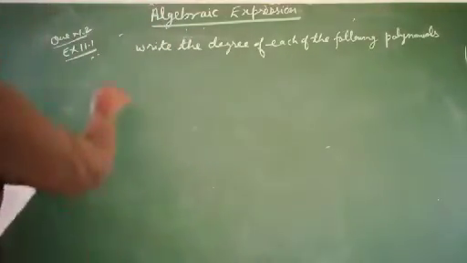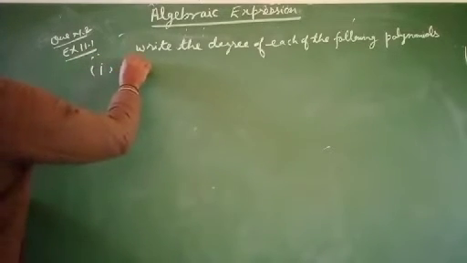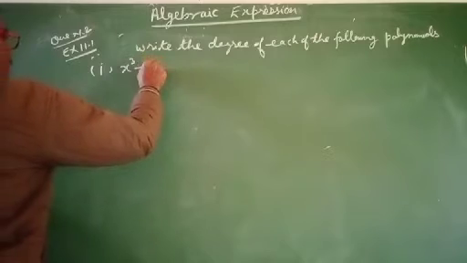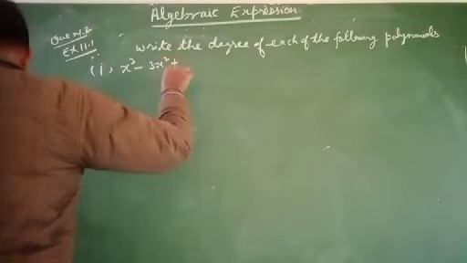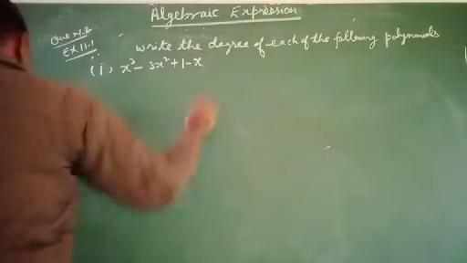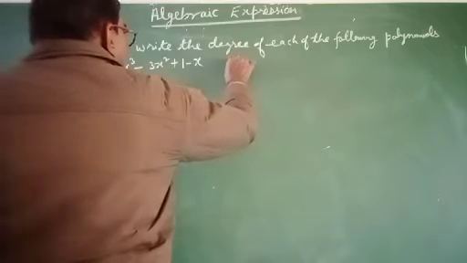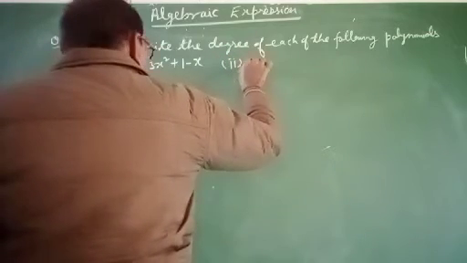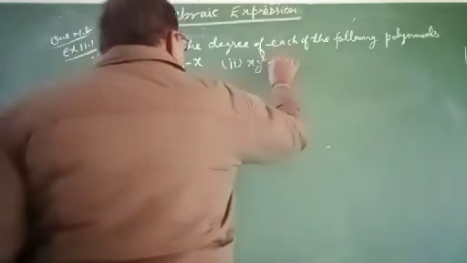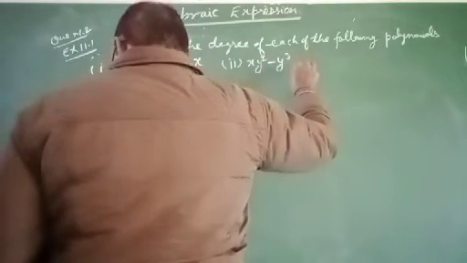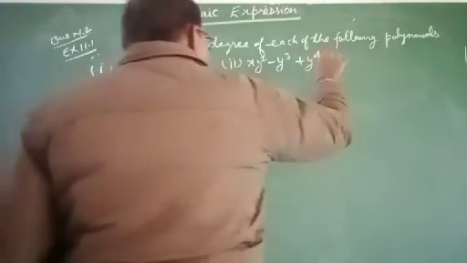The first part is x cube minus 3x square plus 1 minus x. The second is xy square minus y cube plus y to the power 4 plus 6.